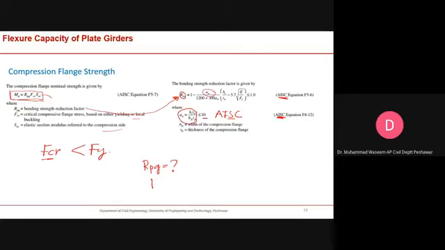You need FCR. Okay. So this will come from the geometry of the cross section. Okay. Is it clear? Yes, sir. Up to some extent.